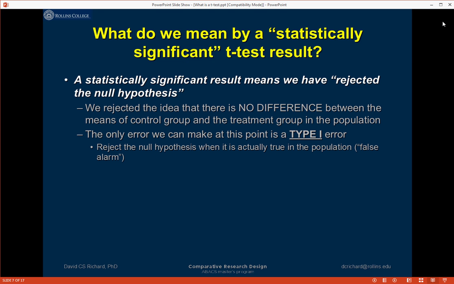So for my cancer treatment example, if I rejected the null hypothesis, what I'm saying is, I think that this cancer treatment does in fact lead to better outcomes. Therefore, I reject the null hypothesis that it's ineffective or that there's no difference with the control group. Now, the error I could be making in that decision is that maybe in my study, in my sample, the data misled me a little bit.